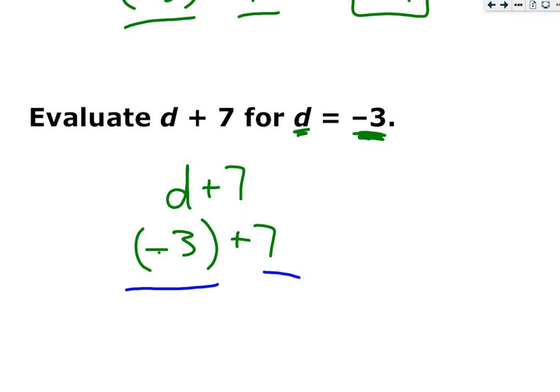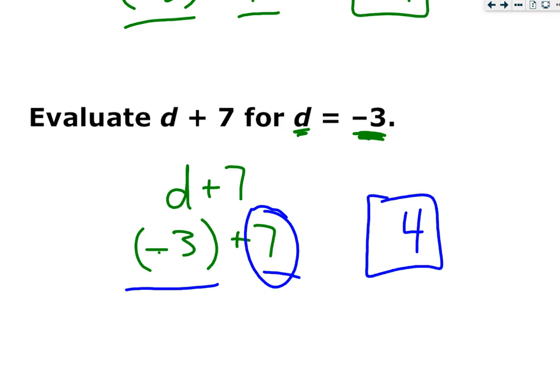So different signs means you need to subtract, going with the note a couple pages previous. So 7 minus 3 is the difference, 4. Now looking back at these numbers, 7 is bigger than 3. So we go with the sign that's on the 7. The sign with the 7 is a positive, so my result must be a positive 4.